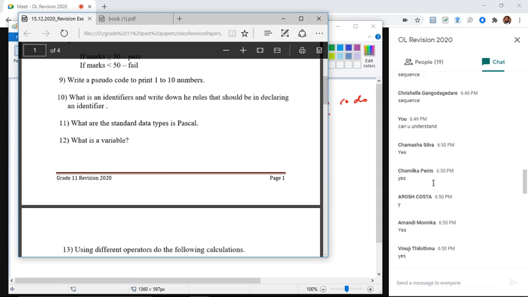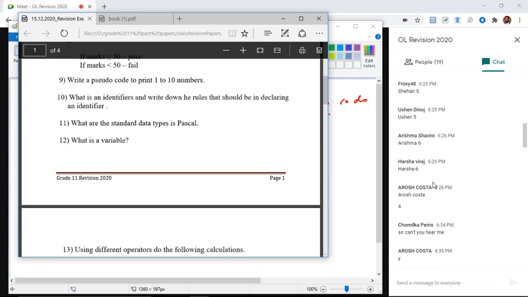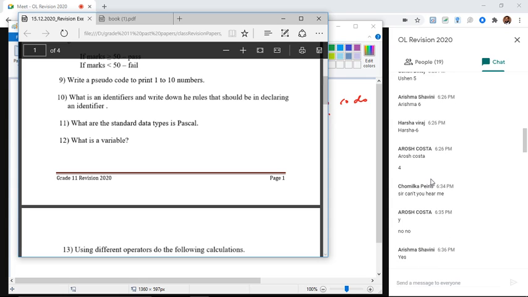Arishma, then Harsha, tenth one: what is an identifier, and write down the rules that should be followed when declaring an identifier.